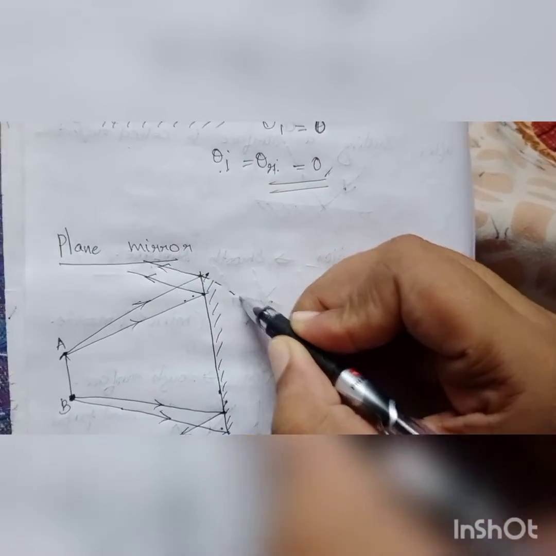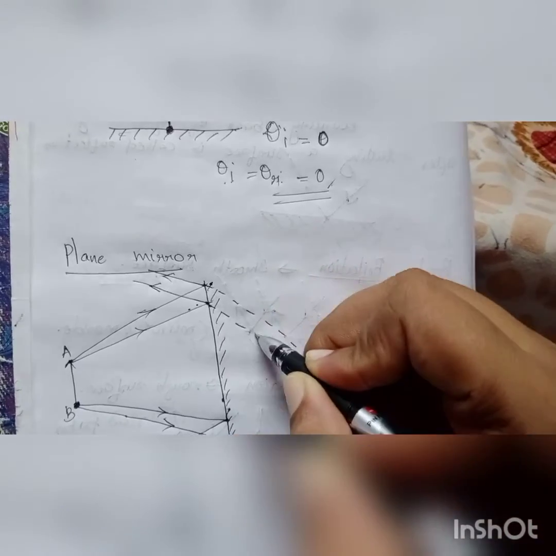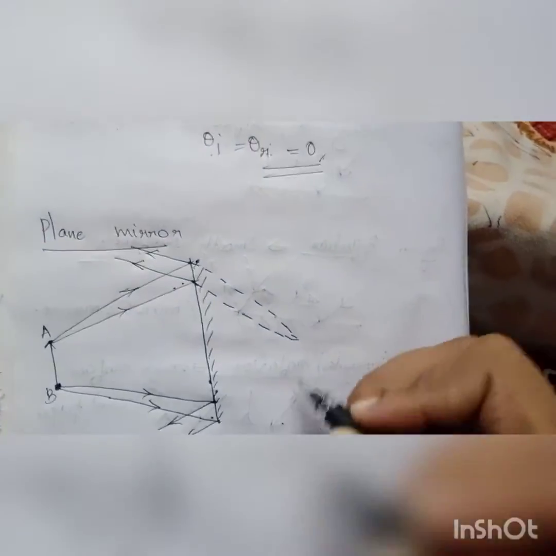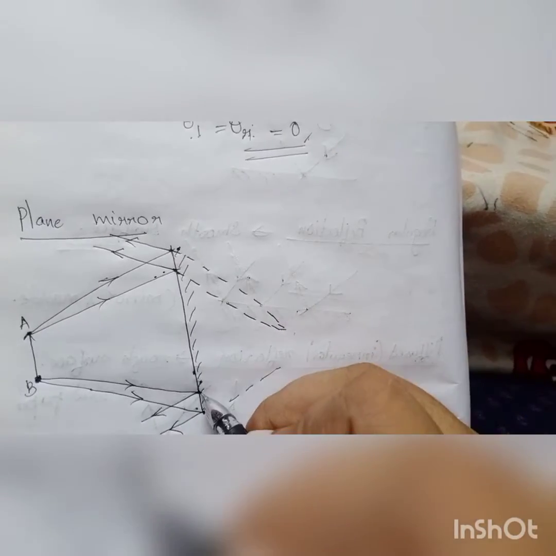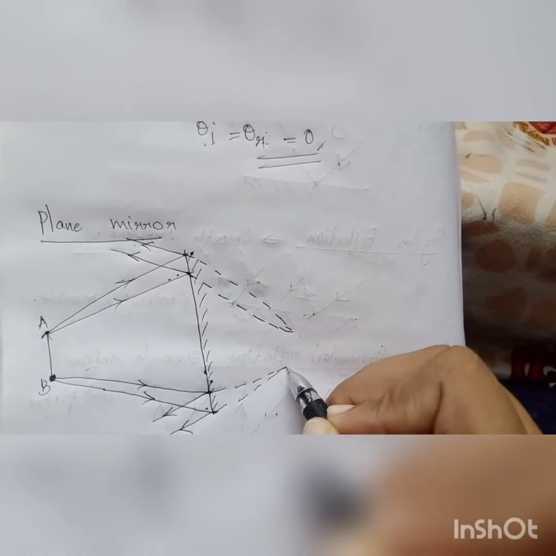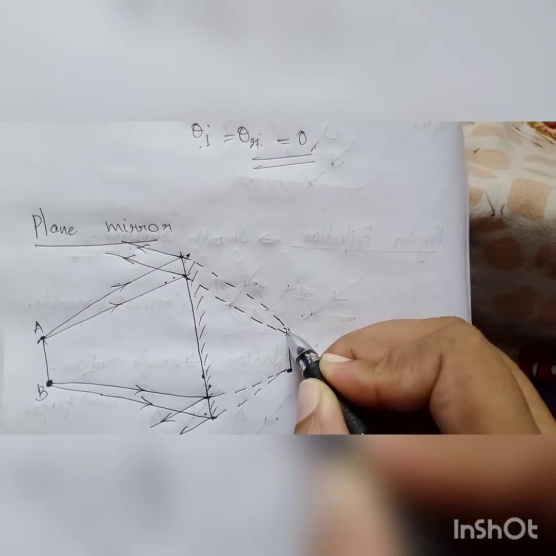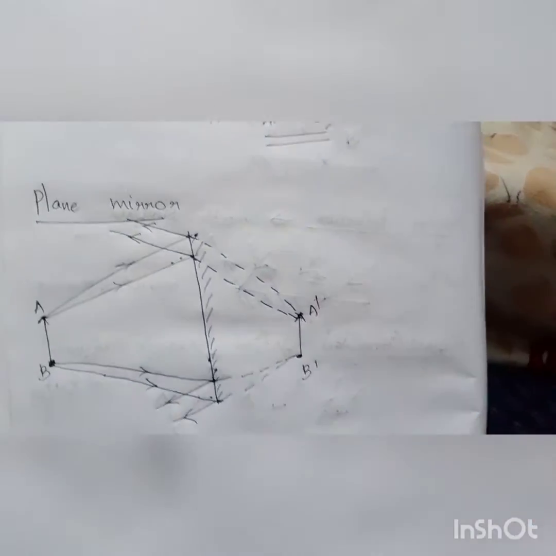To draw an image in the case of a plane mirror, we need to extend these rays back. For example, this touches this point, and similarly I am extending this also. It touches the same point, and this is where I will receive my image. That will be A dash, B dash.